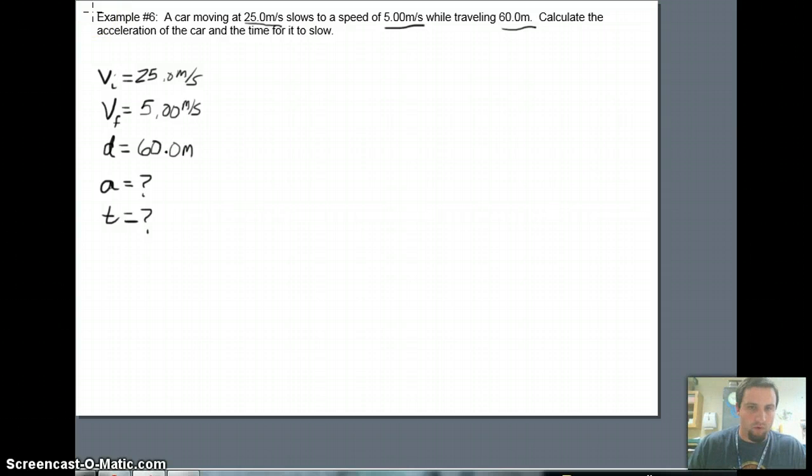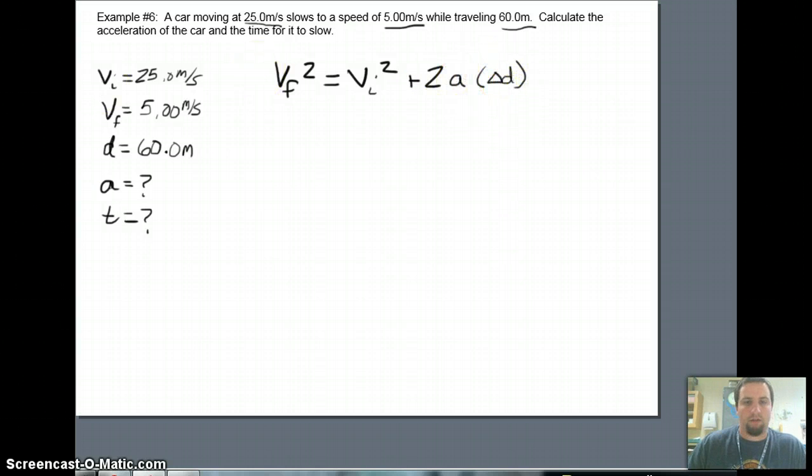Looking at our 4 equations, we need to have the acceleration included in the equation, because obviously that's what we're solving for, and it needs to have only these variables in it. Sometimes there's more than one you could use, but I see that the third equation, VF squared equals VI squared plus 2 times A times a displacement, works.